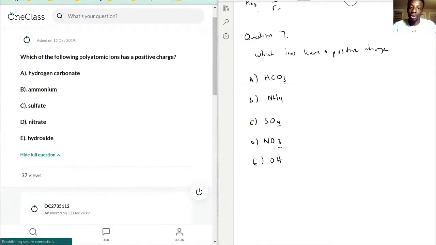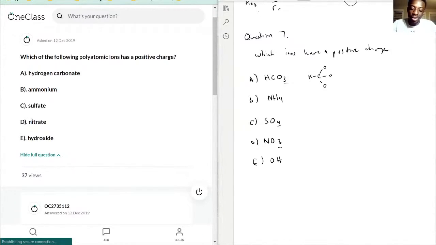So HCO3, if you just drew it out, it kind of looks like, I'm just making this up as I go, carbon, H, O, O, O. It just helps me visualize.